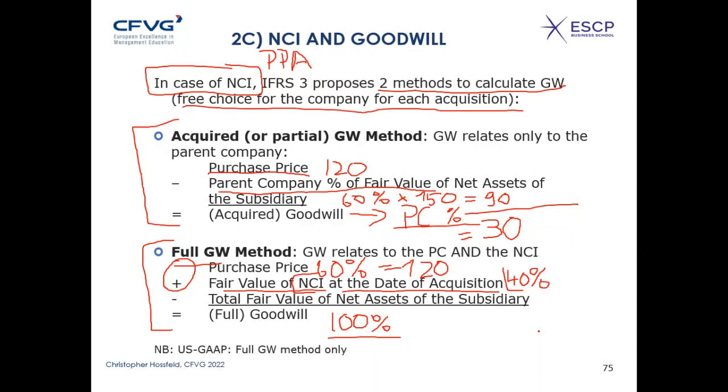So you cannot buy 60% at a discount or at a negotiated price and not the others. If I bought the 60% at a negotiated price, I have to make an offer for the remaining 40%, and I have to offer them the same price. Those other 40% accept or do not accept, obviously. That's a different question. But I cannot have a lower price for the 60% than I have at the market price. So the question here refers a little bit more to company law. It's a little bit more complicated.